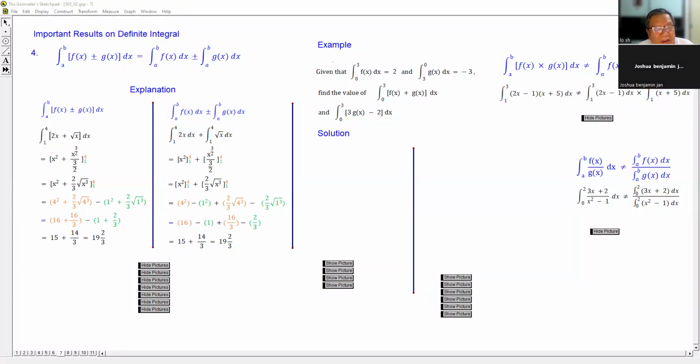Then I'm going through one example with you to show you how to apply.